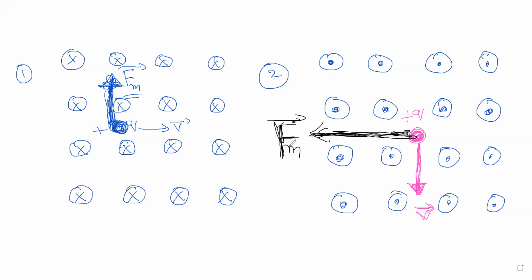Put your hand in the direction of the field. The field is coming out, so put your hand that way, and your thumb should point along the velocity. Velocity is downwards, and then your palm will show some direction, and then lift the fingers. You can lift the fingers only in one way, the other is not possible; our body dynamics will not agree. So the finger direction will show the left side. The force is applied towards the left side. So that's the direction of the force.